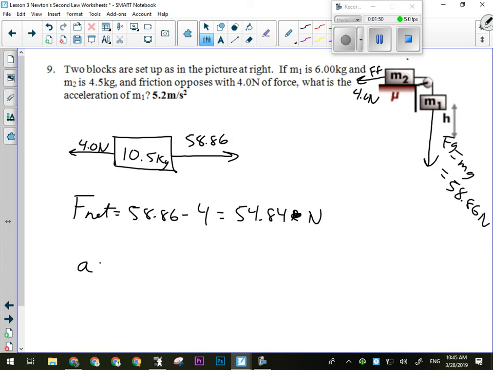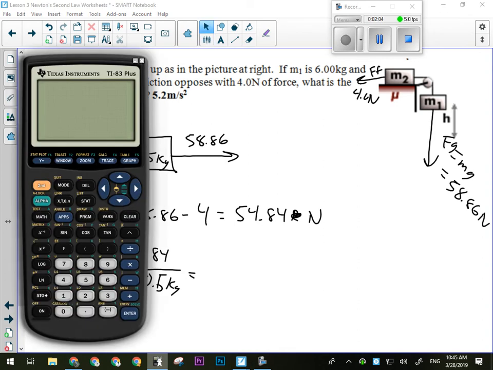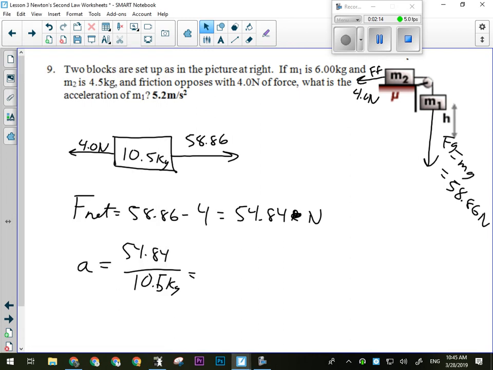To calculate the acceleration of mass 1, I have to calculate the acceleration of the system, all the mass: 54.86 divided by 10.5 kilograms. That's going to get us 5.2 meters per second squared, and since it's mass 1, I have to put a vector of down on that. That would be our answer there.